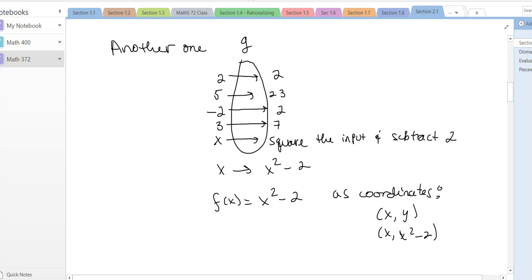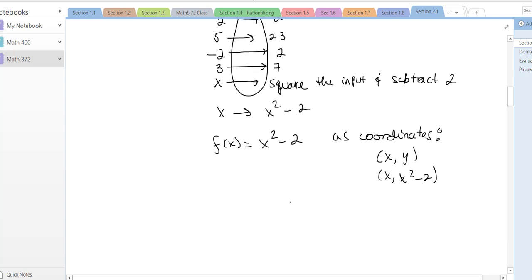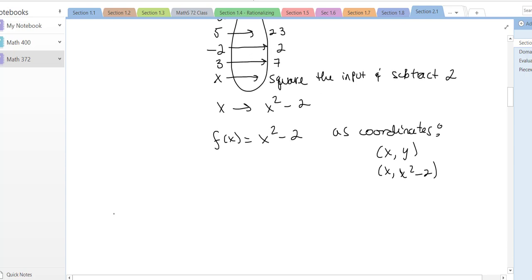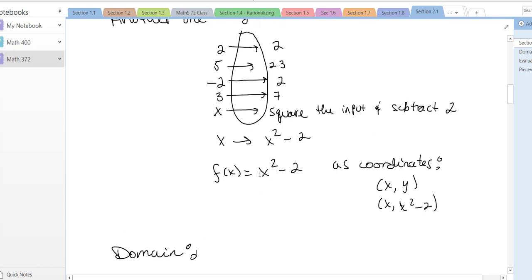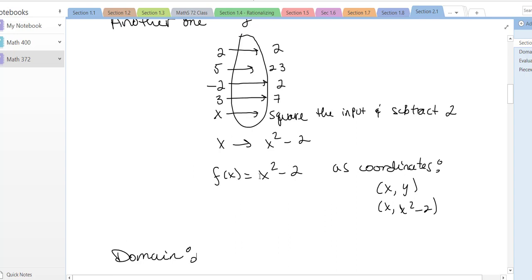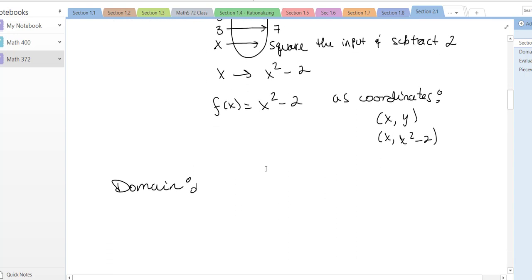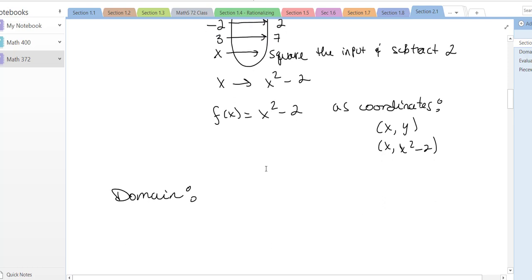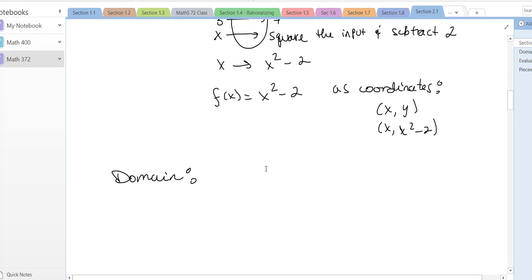F of x is just a fancy name for y. And so when we're talking about the domain of the function, then we can be a little more explicit. Once I have the rule, I have to take into account any x that could be an input for that. And so this is where knowing the graph of the function might be helpful.